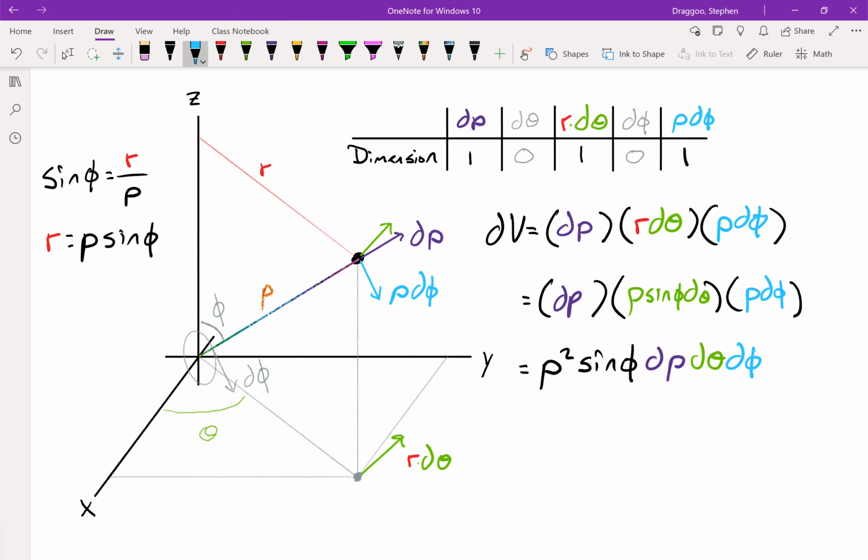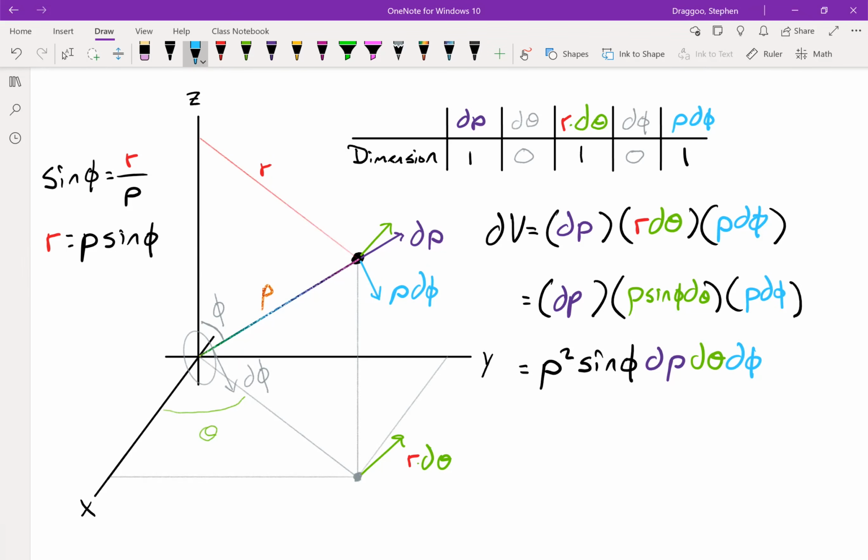And we have a factor of r that comes from d theta needing to be multiplied into space. It's the same r that we have in polar coordinates and in cylindrical coordinates. But we need to change r into spherical coordinates, and that's going to be rho sine phi. So that's where the sine phi and the extra factor of rho are coming from.